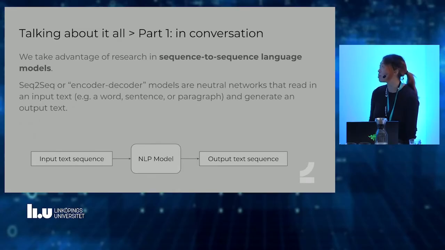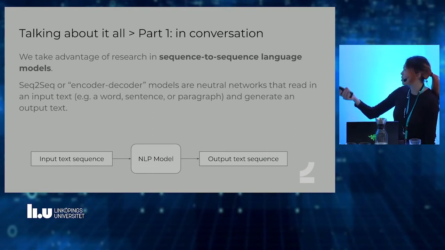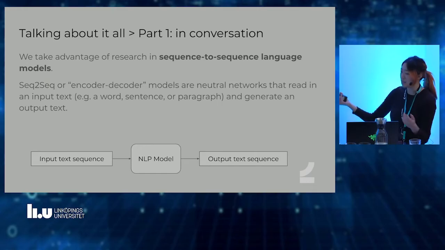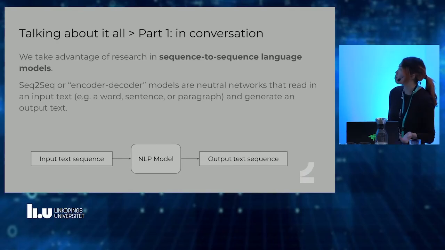So sequence-to-sequence or encoder-decoder models are basically neural networks that read in natural language text and generate natural language text. So the model gets an input text sequence, which could be a single word, a sentence, or a paragraph, like a newspaper article, and then generates some output text sequence depending on what the task is.